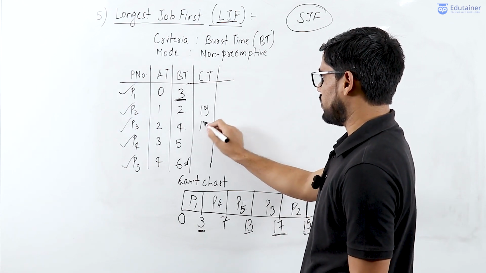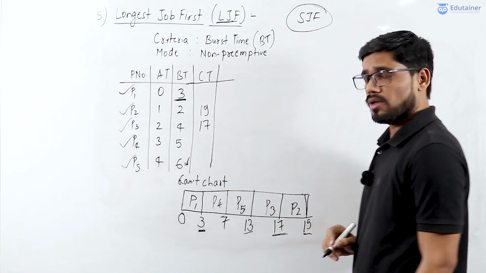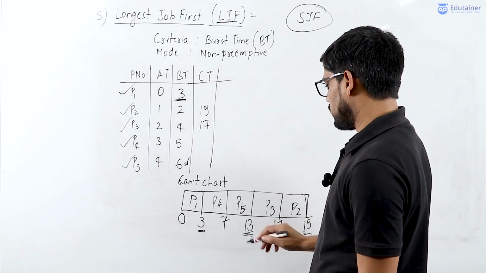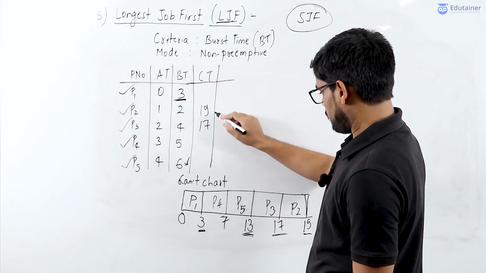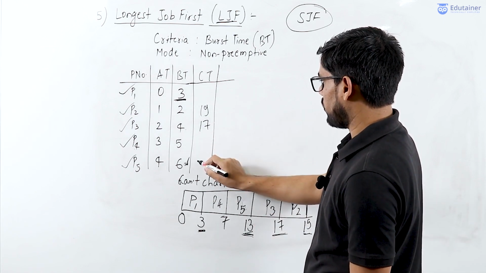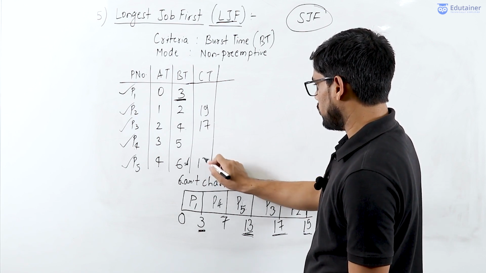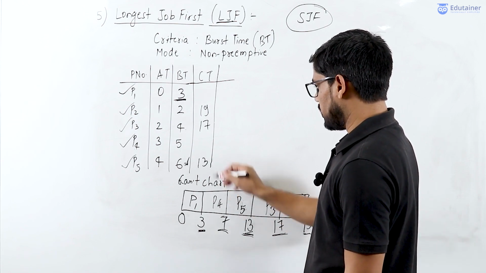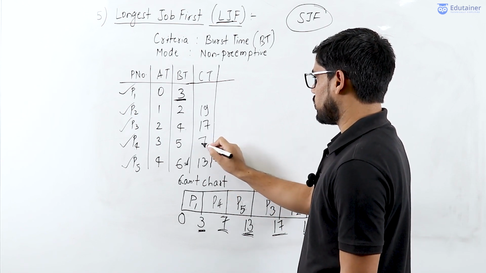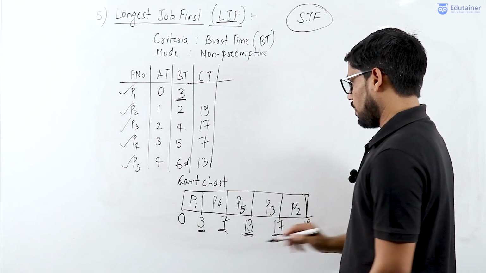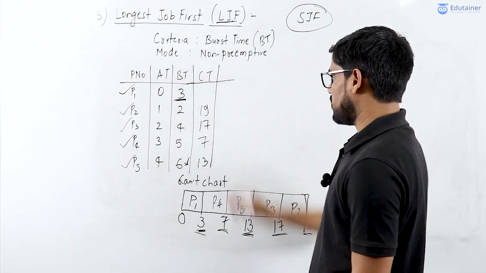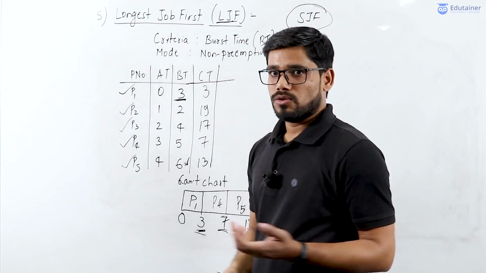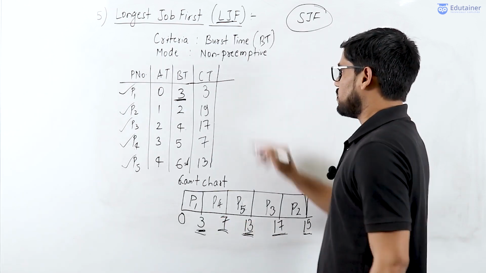Process P5 is completed at time 13. P4 is completed at time 7, and last, P1 is completed at 3.